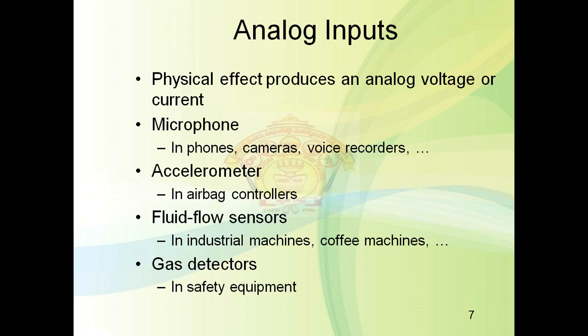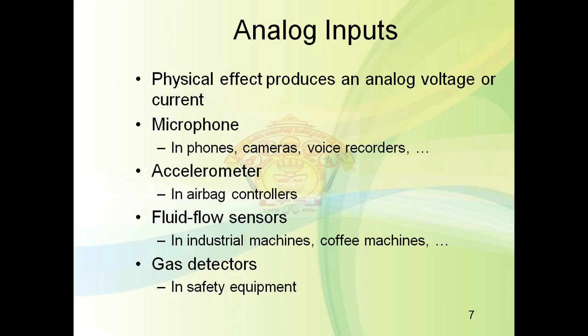Physical effects are converted into digital form, or any electrical effect, any physical change, will be converted into analog voltage or analog current. So the various devices are nothing but the sensors. In most sensors, the signal level is small and needs to be amplified before applying it to the digital circuit.